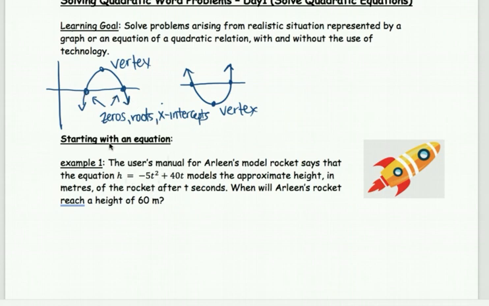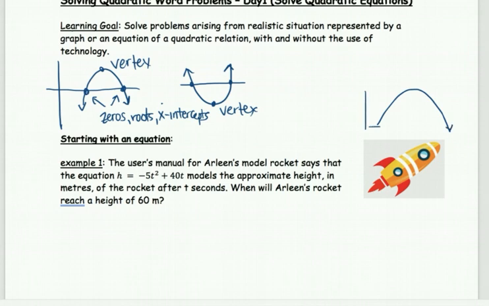So you're not going to see instructions like go and solve the quadratic equation. You're going to see things like, here's a rocket, it's being launched, and it's taking a path through the air. Say this rocket here is going up, and then it's coming back down to the ground.